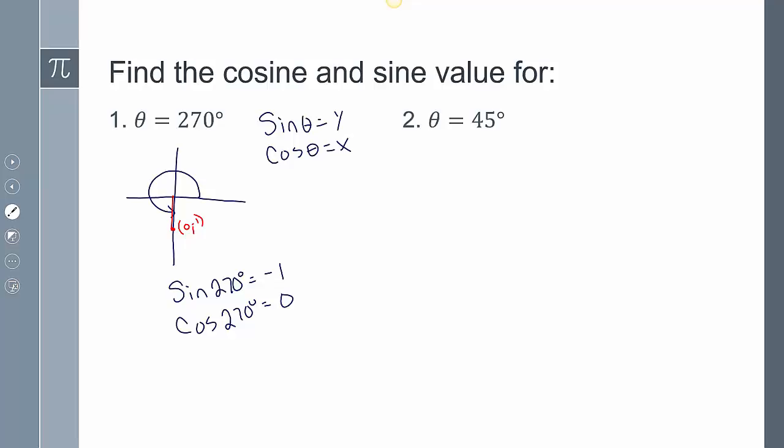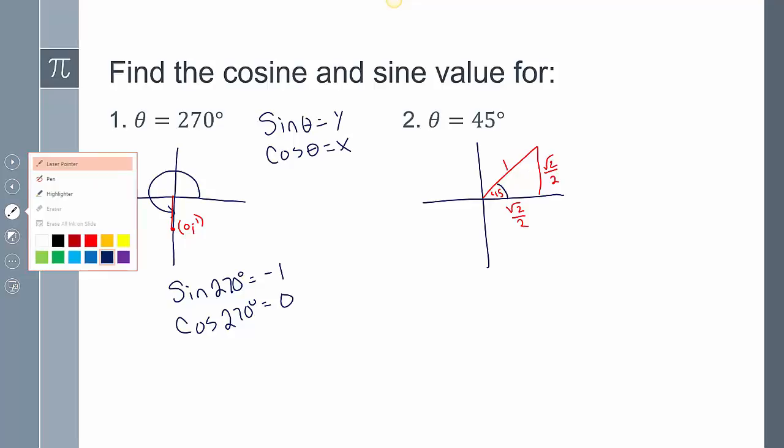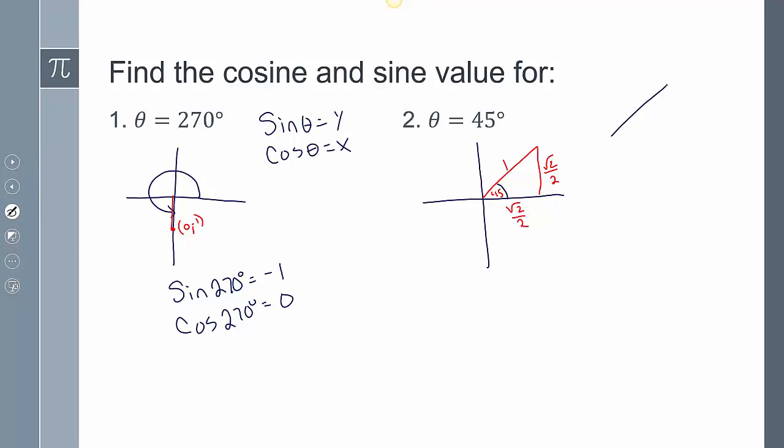Now let's do the same thing for theta being 45 degrees. Now we're saying that my radius is 1. Now if my radius is 1 there, let's take a look. Why is this radical 2/2 and that radical 2/2? Well, if my radius is 1, comparing this, well, this is t root 2, this is t, and this is t. Well, 1 equals t root 2.